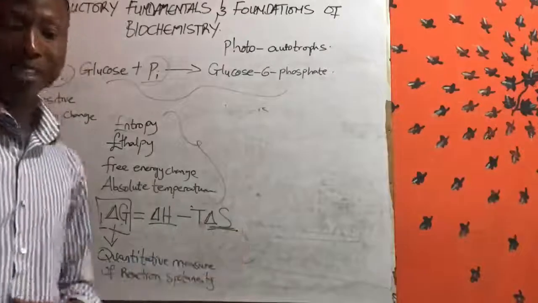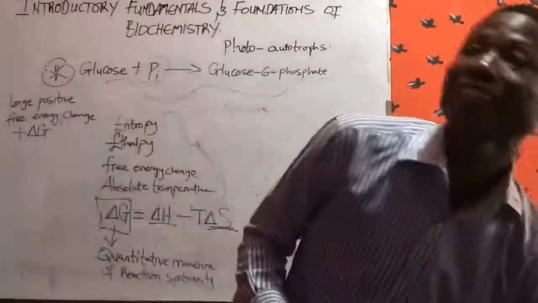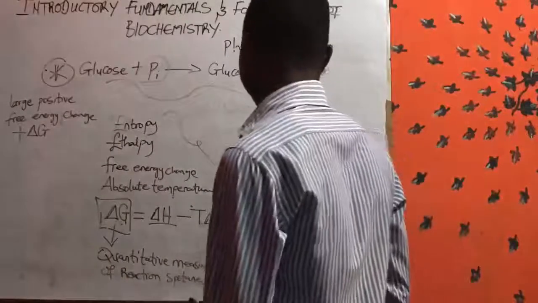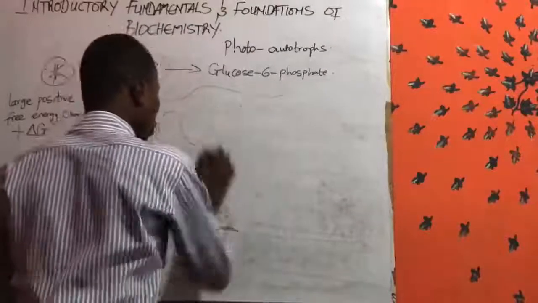So apart from this, there is another formula that can tell me the spontaneity of a reaction, and that is my equilibrium constant.